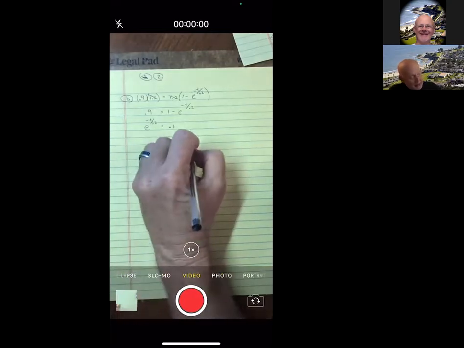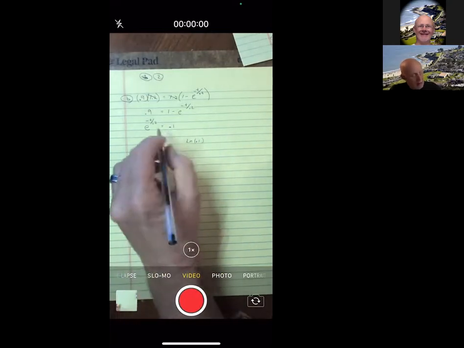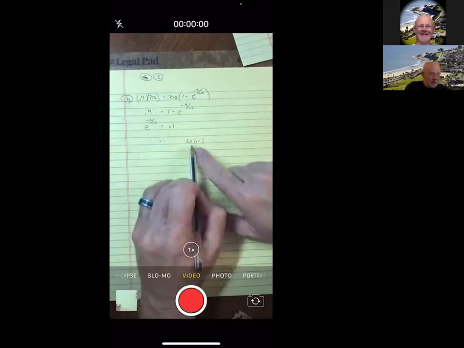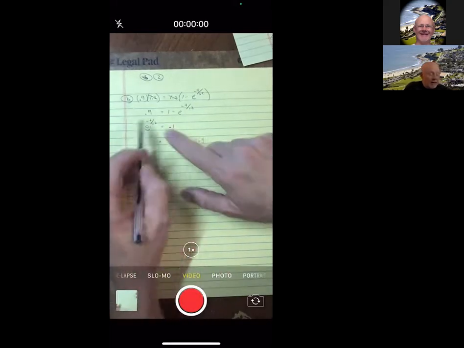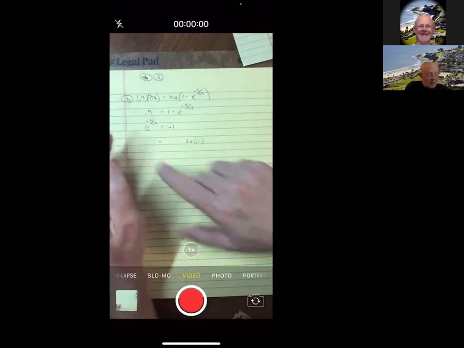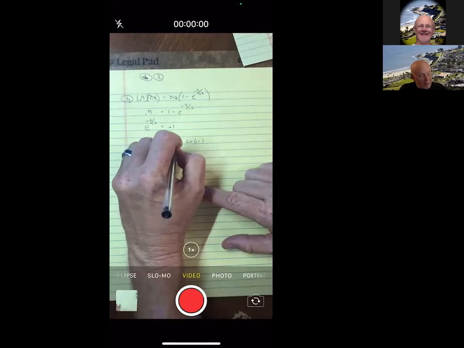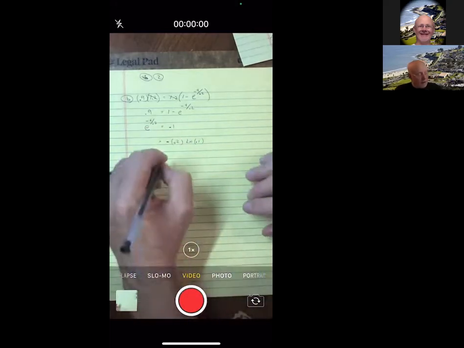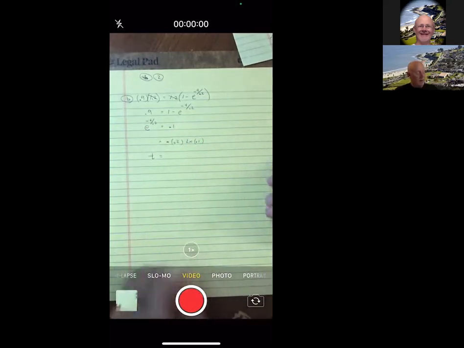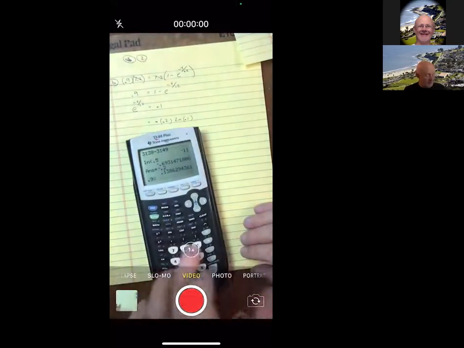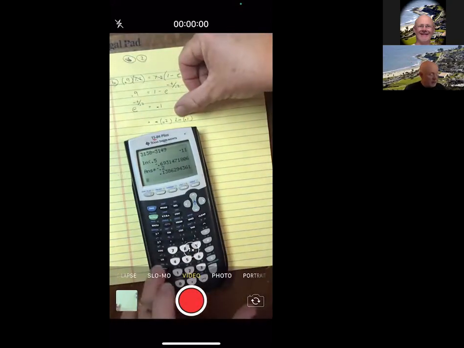Take the natural log of both sides. So there's the natural log of 0.1. That would get rid of the exponent and bring that down. Bring the negative over, bring the 0.2 over, and we are left with what time is. So I'll go natural log 0.1.